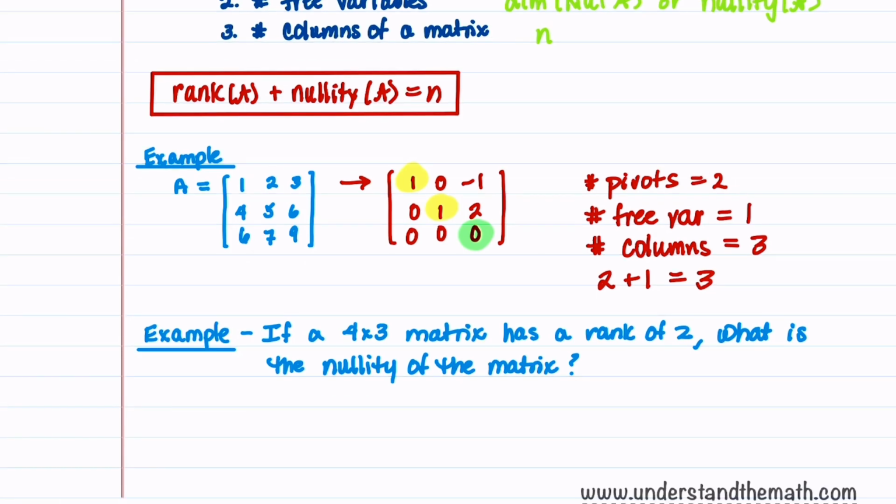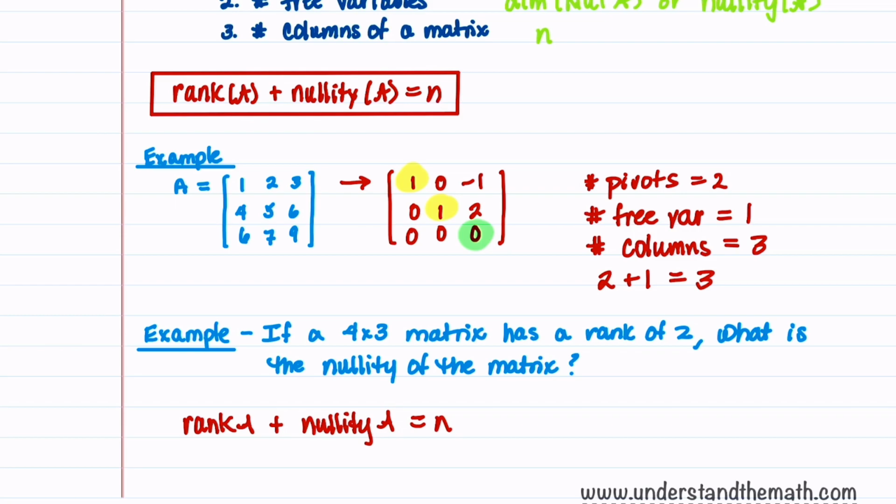In this last example, we're asked if a 4x3 matrix has a rank of 2, what is the nullity of the matrix? Let's begin by writing down our rank theorem. We have the rank of A plus the nullity of A is equal to n.